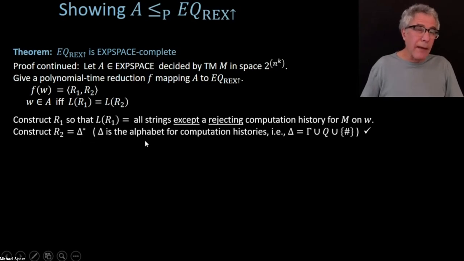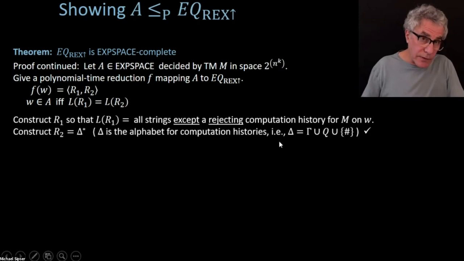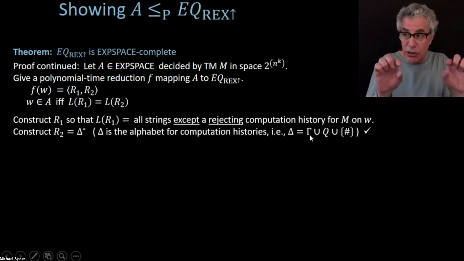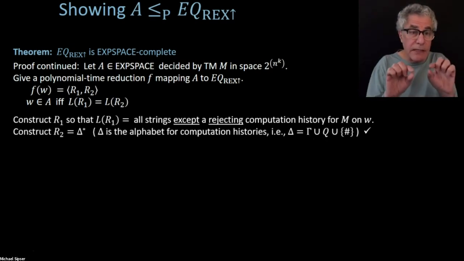Okay, so R2 is going to be, I would like to say sigma star, but sigma is really the input alphabet to M, and gamma is the tape alphabet for M. So we have a lot of Greek letters to play with. So we're going to use delta for the alphabet that we write the computation histories in. And if you want to get reminded what that delta is, a computation history can have a tape alphabet symbol for M, it can have a state symbol for M, or it can have a delimiter, hashtag.